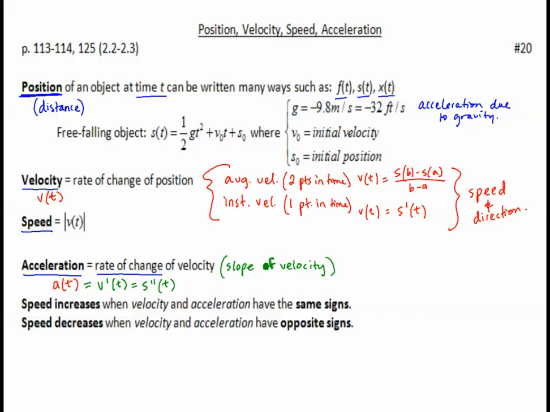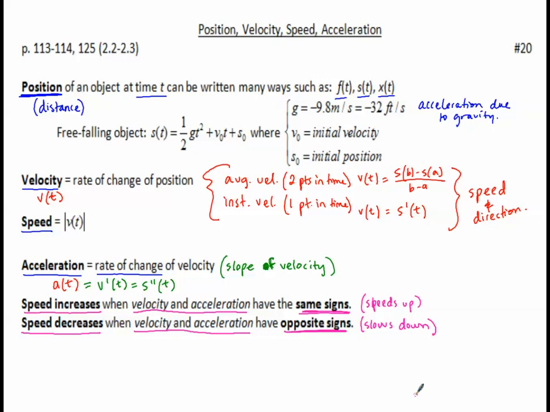Now, something we're going to get to more in class is when speed is increasing or speed is decreasing. In other words, an object speeds up or an object slows down. And we're going to see why this is true, but ultimately we're going to be looking at the relationship between velocity and acceleration and the signs of those.